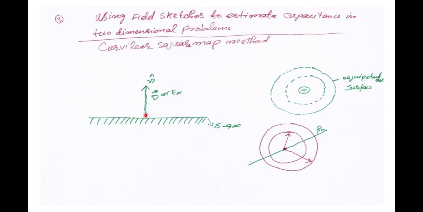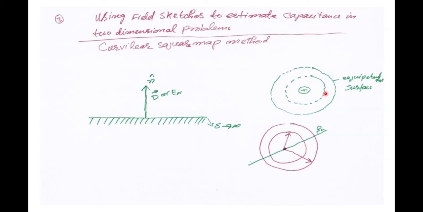Now let us consider a single charge. Whenever we want to determine the E field or D field due to a single charge, by virtue of Gauss's law, we enclose that charge in a hypothetical closed surface.